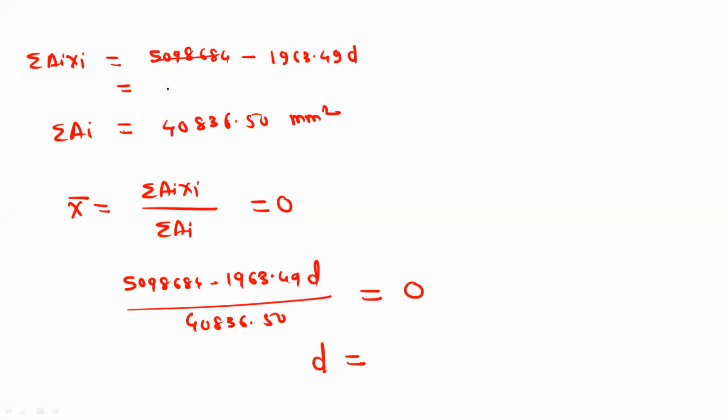You will get the summation AiXi equal to 298684 minus 1963.49D. And from this, get the value of D. So D is equal to 152.1 millimeter.